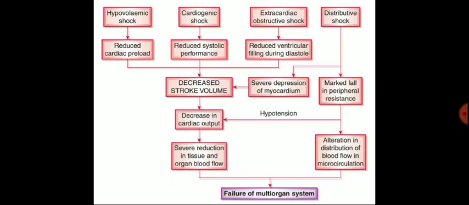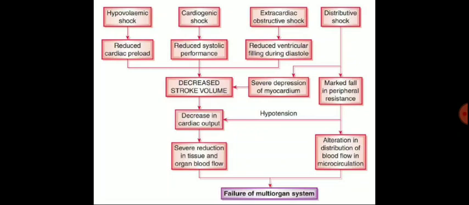This leads to decreased stroke volume, decrease in cardiac output, severe reduction in tissue and organ blood flow, and failure of multi-organ system. Cardiogenic shock: reduced systolic performance, decreased stroke volume, decreased cardiac output, severe reduction in tissue and organ blood flow, failure of the multi-organ system.